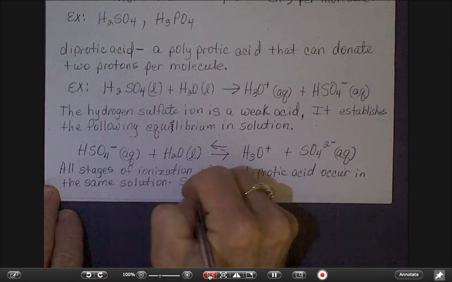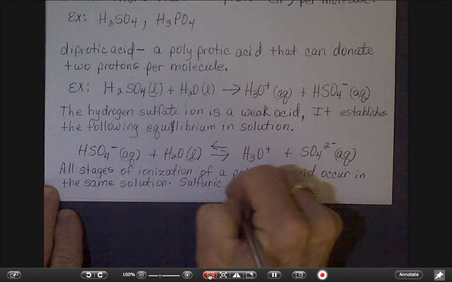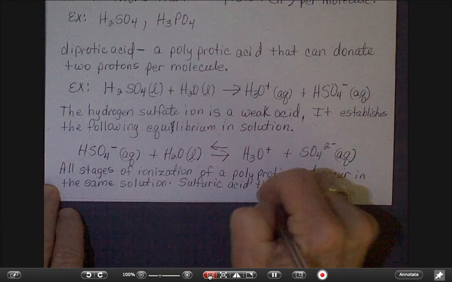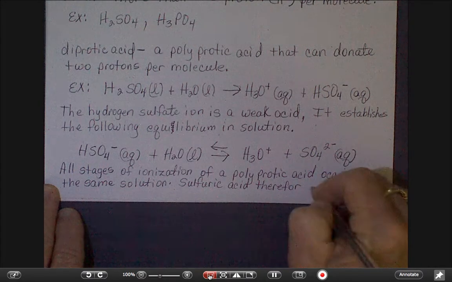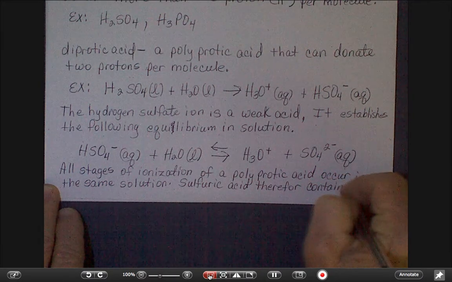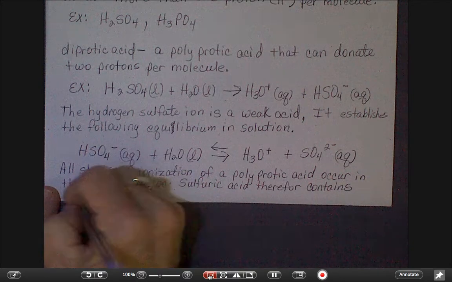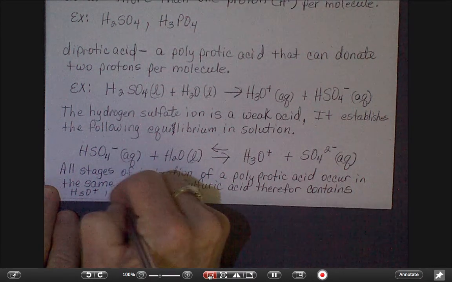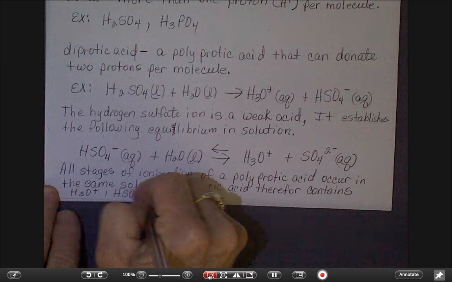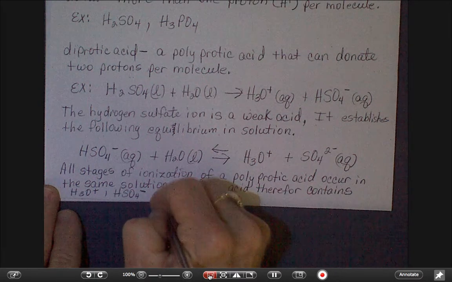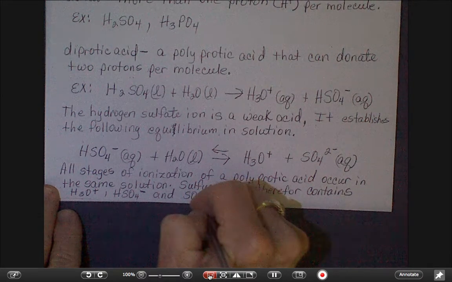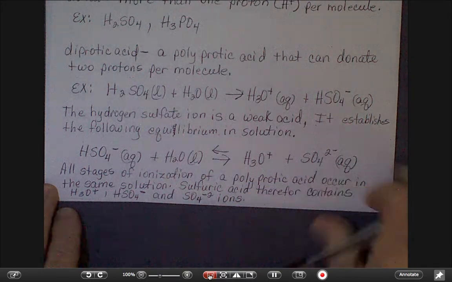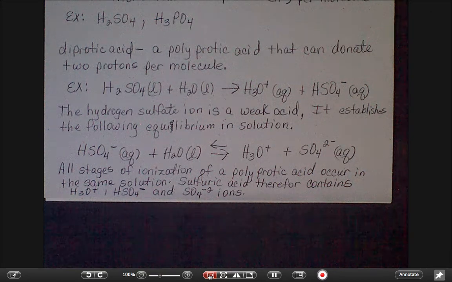Sulfuric acid therefore contains H3O plus, HSO4 minus, and SO4 negative 2 ions, all in the acid, sulfuric acid.